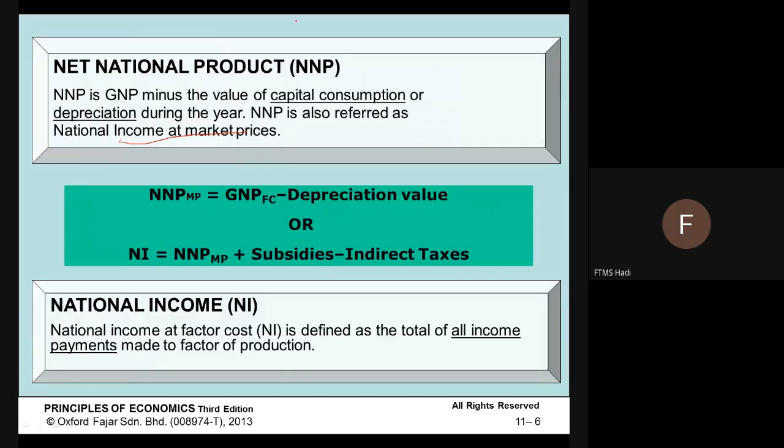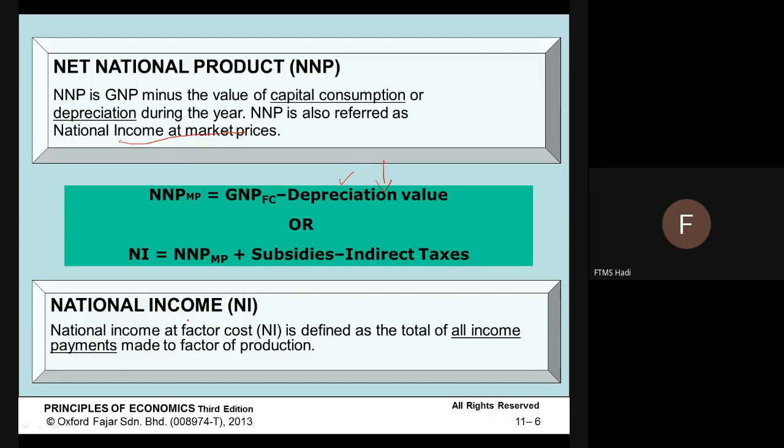Depreciation in Malay is susut nilai, that means the value drops. What drops in value? The value of government assets or government products or services. Or national income is equal to NNP at market price, plus subsidies minus indirect tax. National income, in Malay pendapatan negara.